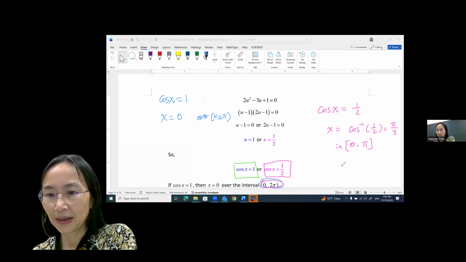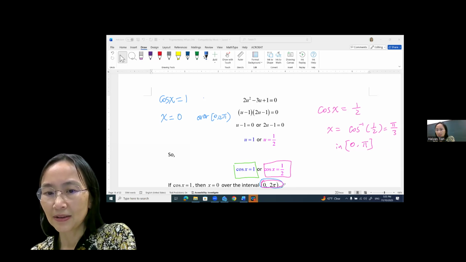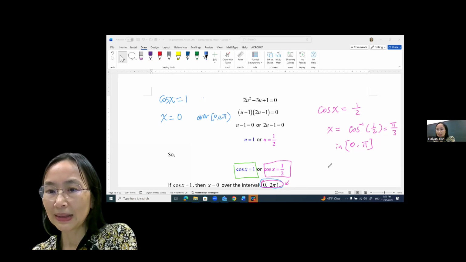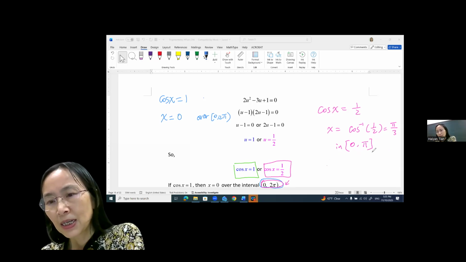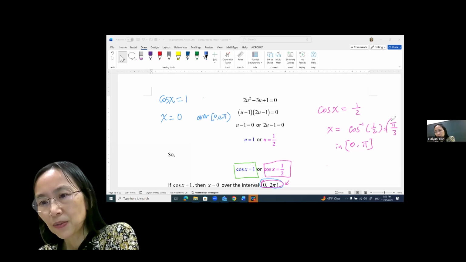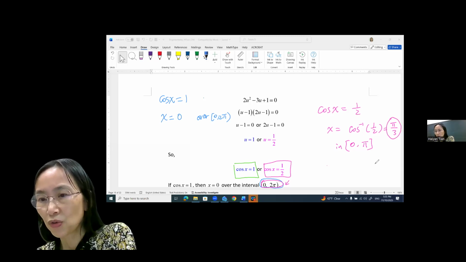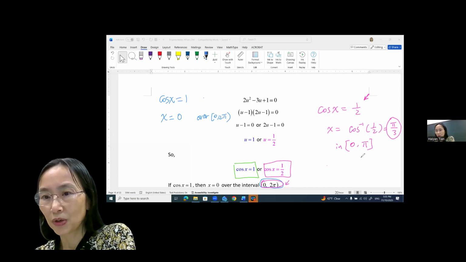But we want to find all the x's. That is, in order to find all the x's over the interval from 0 to 2 pi, we need to find out, is there another x, another solution? So if we have found one in the first quadrant, we know the cosine value can also be positive and at the same value in the fourth quadrant.